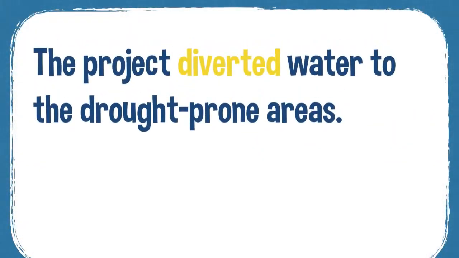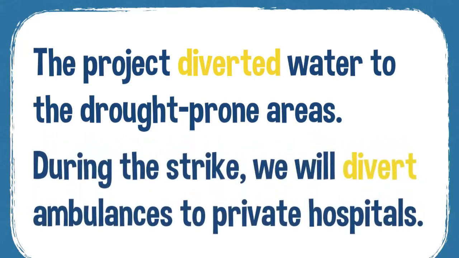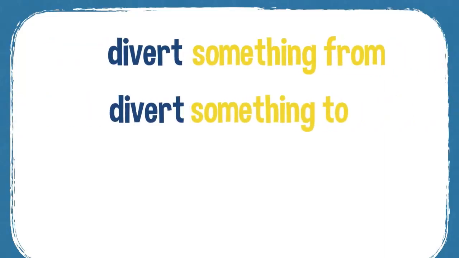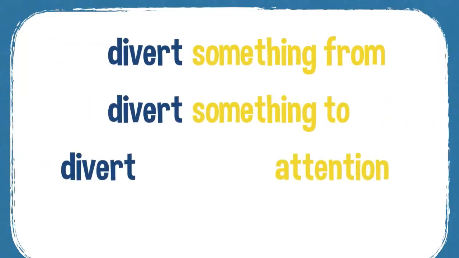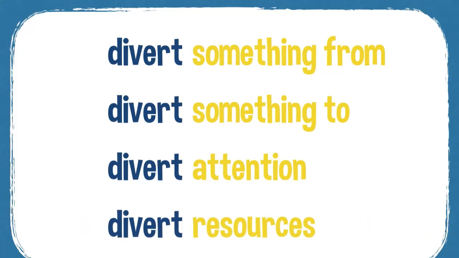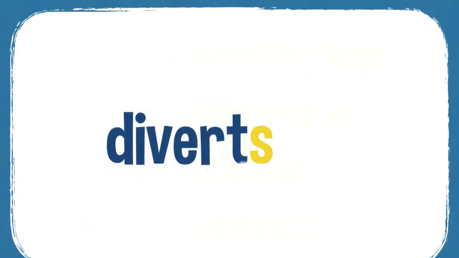Here's some more examples. The project diverted water to the drought-prone areas. During the strike, we will divert ambulances to private hospitals. So you can divert something from or divert something to. You can divert attention. We often divert people's attention. Divert resources. And as a verb, diverts, diverting, diverted.